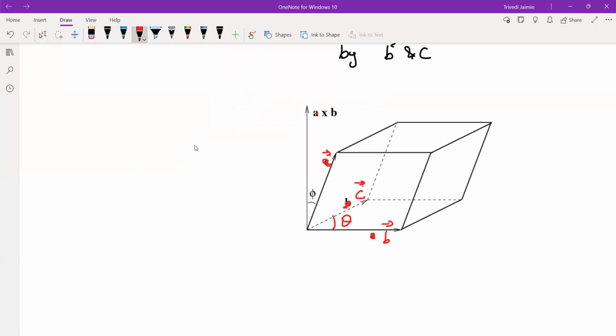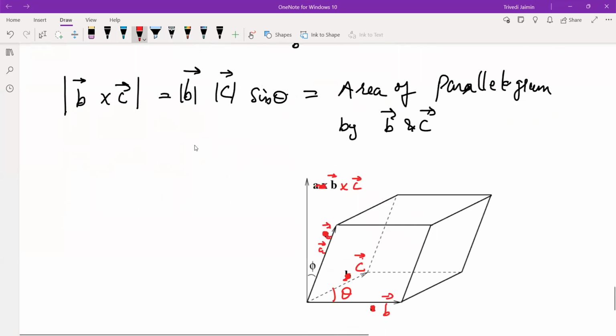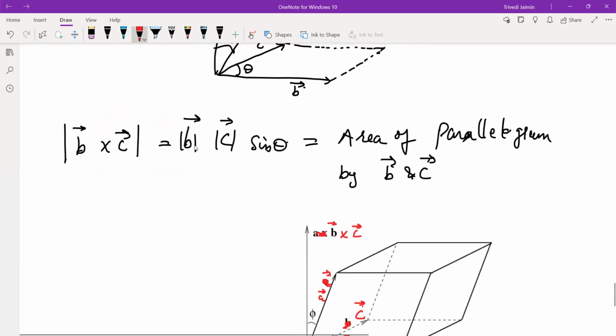And this is B cross C. Is it the same now? A, C, B.